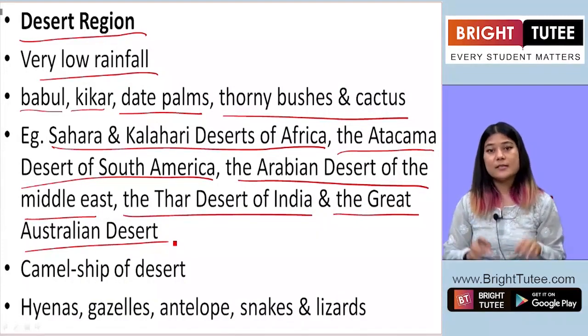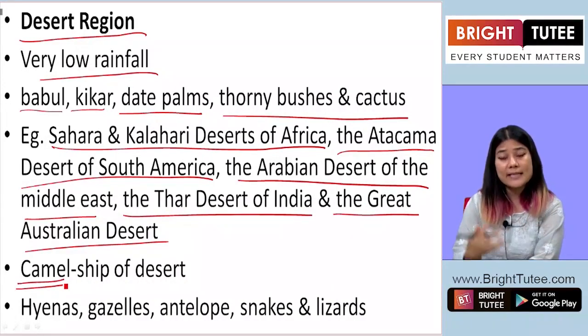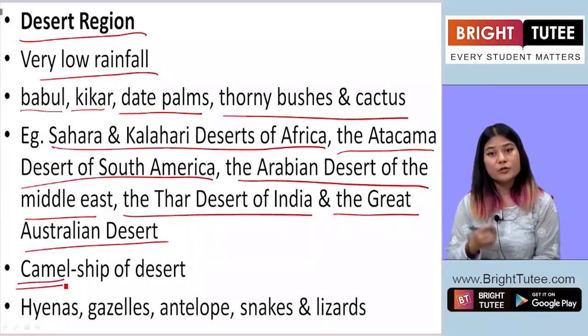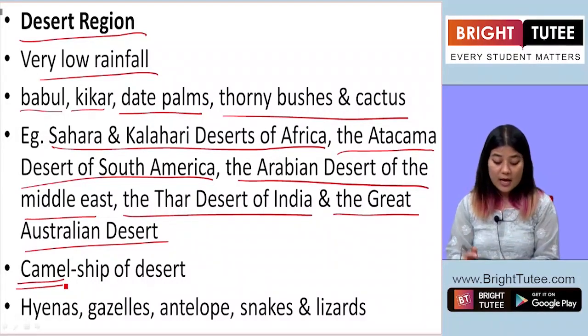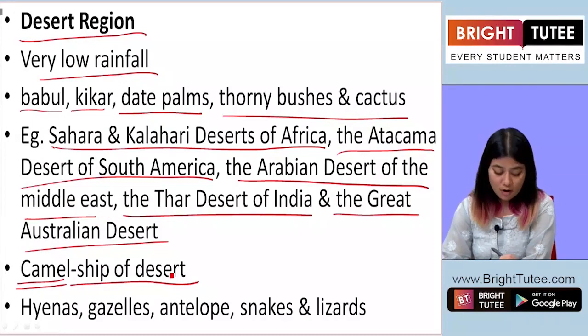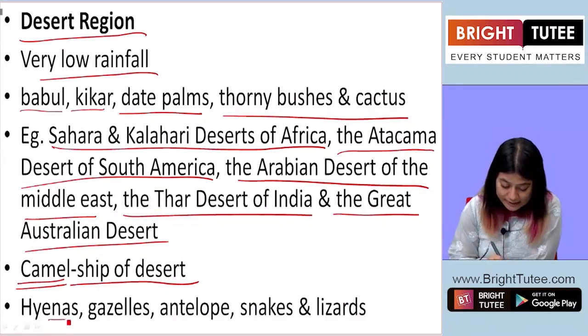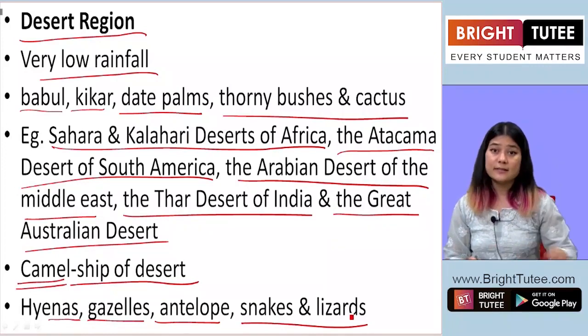Now in the desert, the most popular and commonly found animal is the camel. Because camel is very popularly found in the desert areas, also it's one of the important animals in the desert. Okay, that is why it is also known as the ship of the desert. Alright, apart from camel, other animals which are found in the desert regions are hyenas, gazelles, antelope, snakes, and lizards.